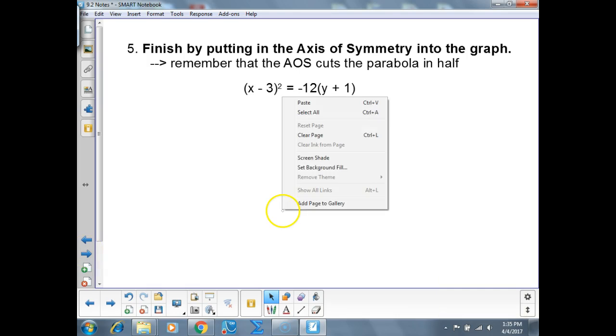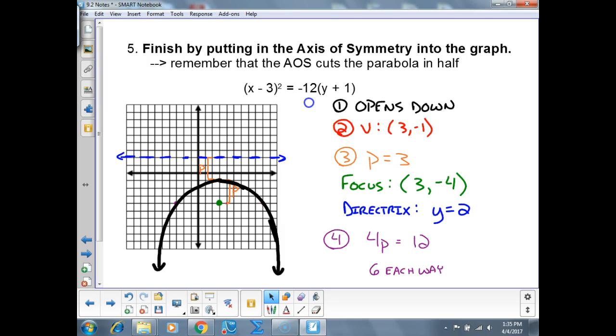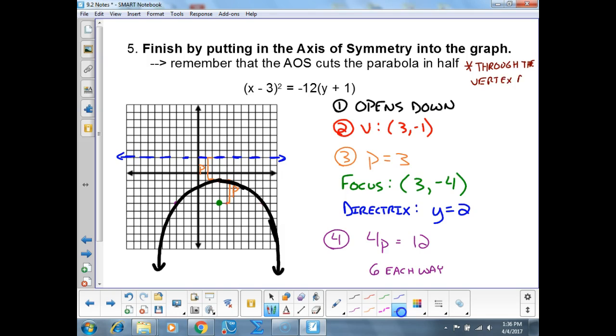The last step that we have is we can finish this off by putting the axis of symmetry onto our graph. The axis of symmetry runs through the vertex and the focus.